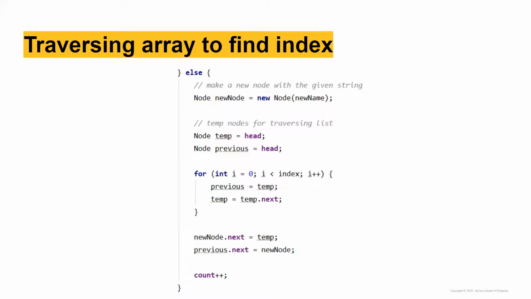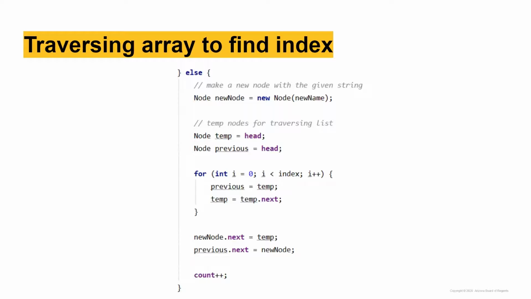So we are going to make a new node. We are going to make the temp, set it equal to head, set previous equal to head, and then we're going to say for integer i equals 0, i is less than the index that we want to find, and increment i until we get to that index. We're just going to set previous equal to temp, so now they're the same, but then we're going to say temp is equal to temp.next.